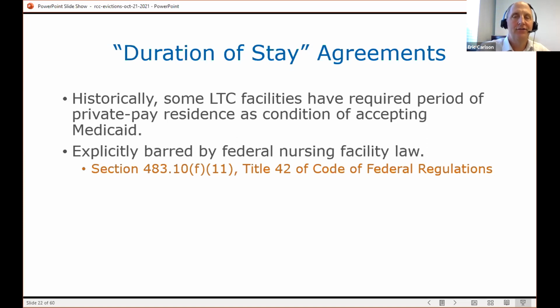It's called duration of stay because there'd have to be a set duration of stay before supposedly the facility would be willing to accept Medicaid from that person. That's explicitly barred by the federal nursing facility law. That makes it clear that a facility can't charge a Medicaid eligible person anything more than the designated Medicaid rate, plus the patient pay amount, to the extent there is one. Next slide.